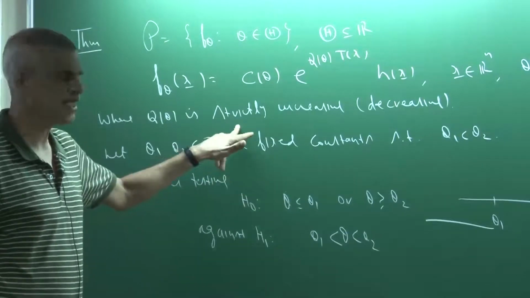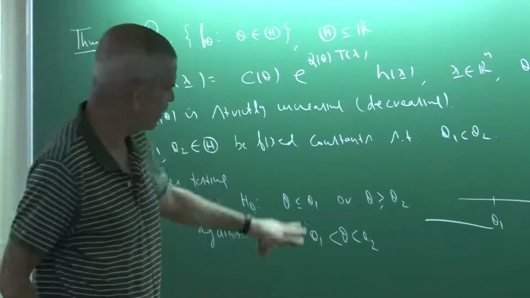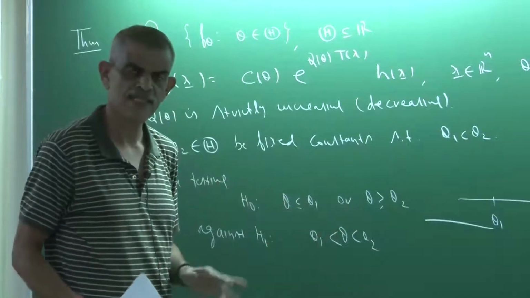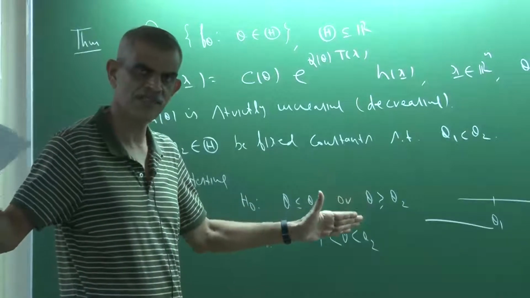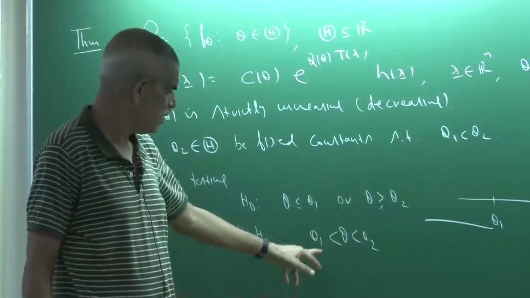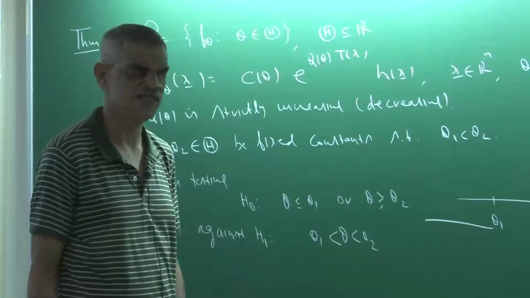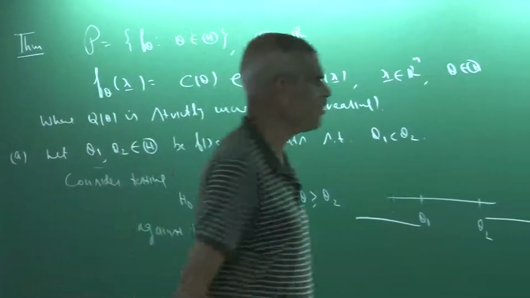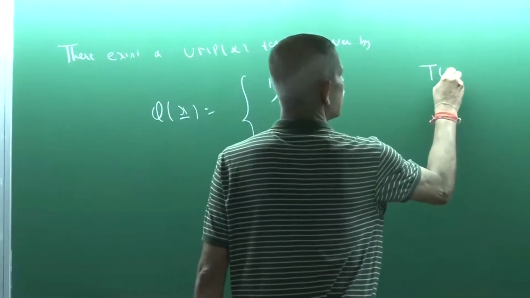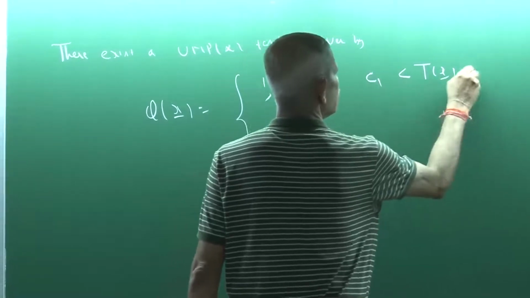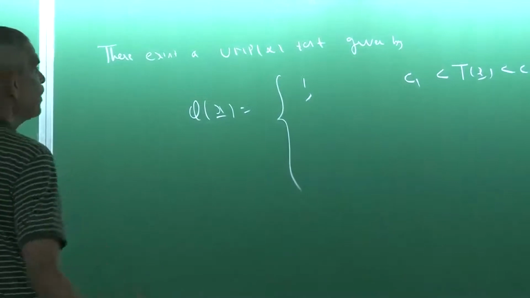So that means if q theta is increasing, this fact would get reflected in the data through T taking extreme values. So that means T x is less than or equal to c1 or greater than or equal to c2. And this would get captured by T lying in an interval c1 to c2. So you would reject H naught with probability 1 if T x is between c1 and c2, because your H naught is that T x would take values in the extreme.